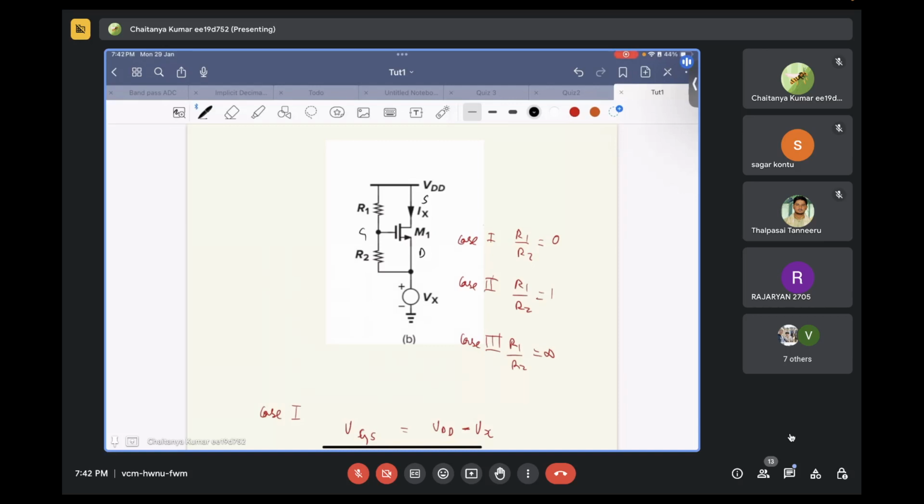Now quickly looking at the circuit, if Vx is only varying from 0 to VDD, will this circuit ever go into triode region? Sorry, source and drain. Sorry, my bad. Correct. Now, please tell simply by looking at the circuit whether your transistor will ever go to triode region.